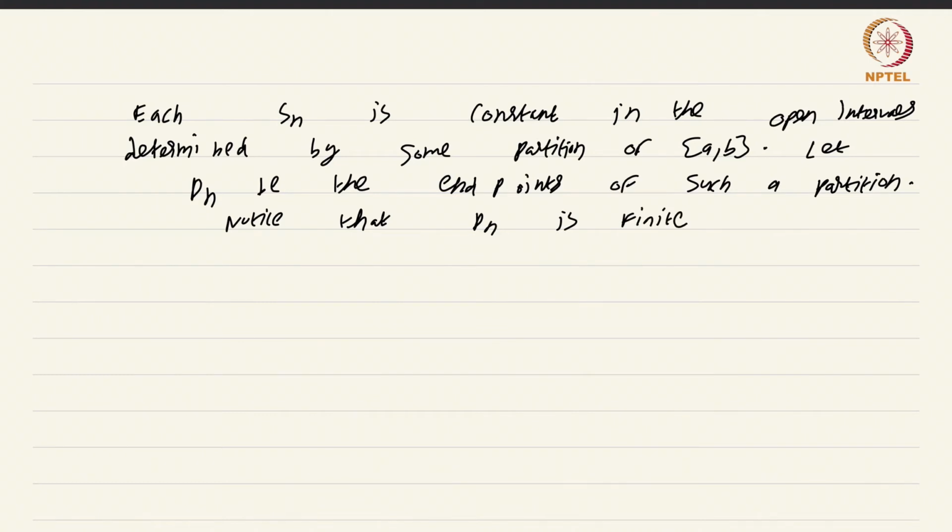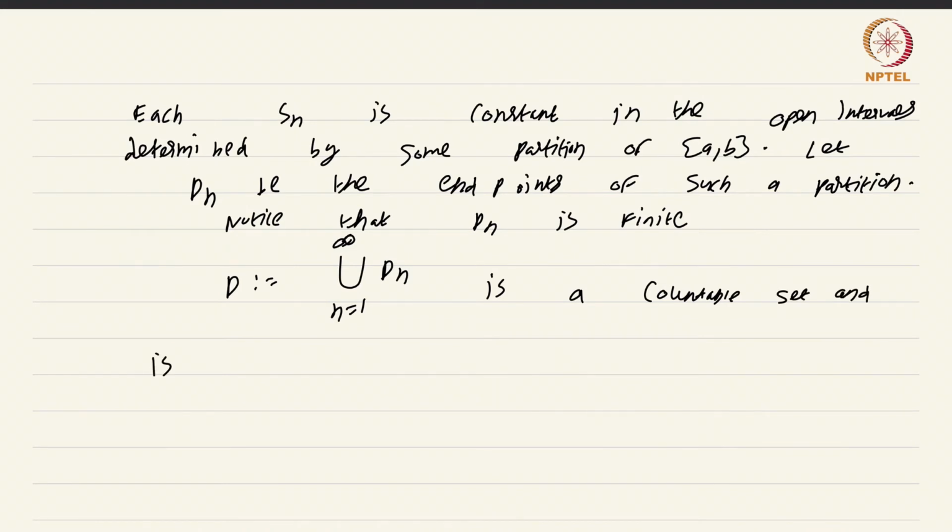Therefore, the union of Dn as n runs from 1 to infinity, which we just call D, is a countable set. And is therefore a set of measure 0.